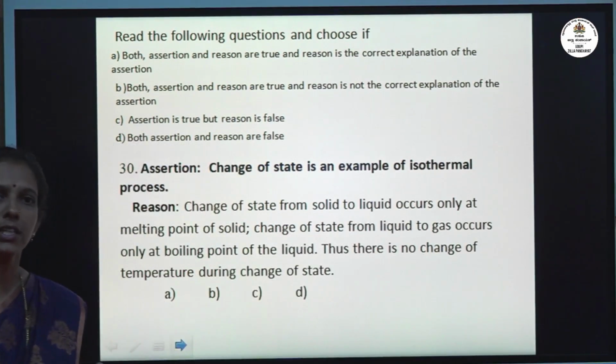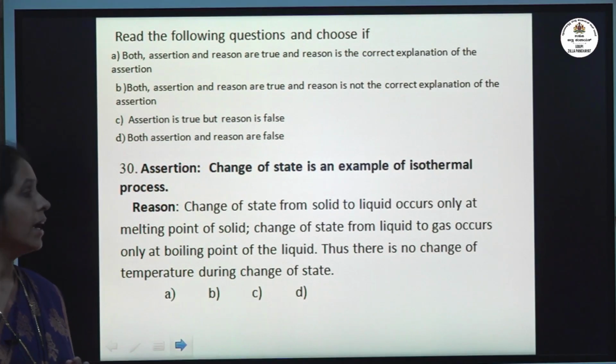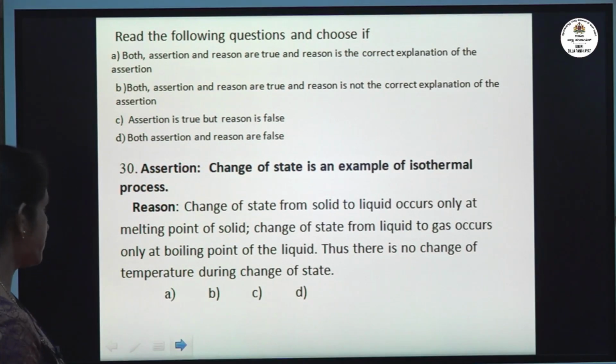Again, if you raise the temperature from 0 degrees Celsius to 100 degrees Celsius, temperature goes on increasing. At 100 degrees Celsius, there is change of state and there is no change of temperature. Liquid changes into vapor at 100 degrees Celsius.